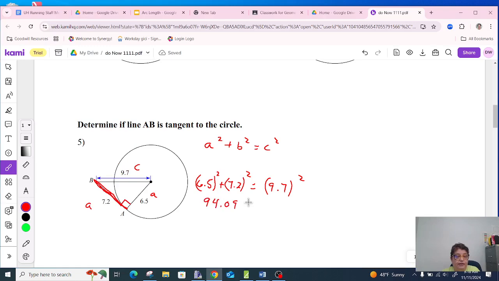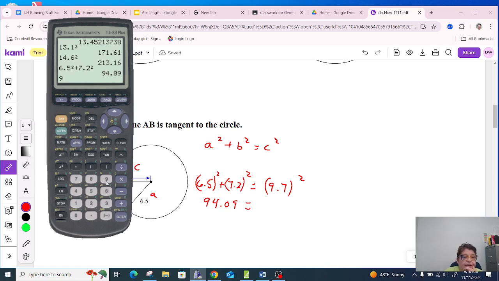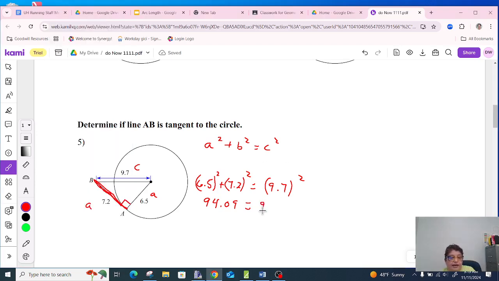Is that equal to 9.7 squared? Oh, look, it is equal. So because they equal each other, we would say yes, it is tangent. Yes, AB is tangent.